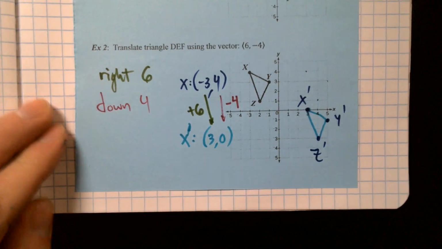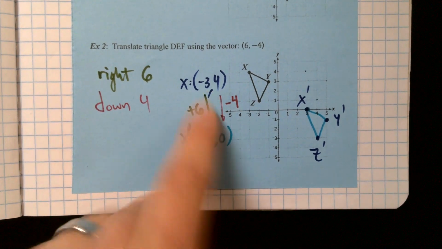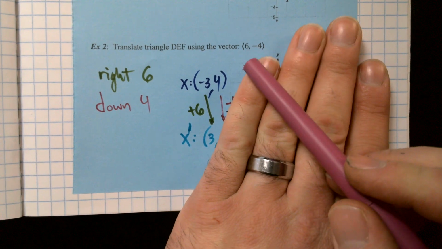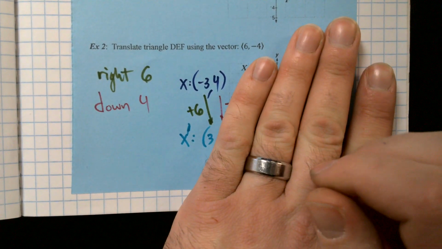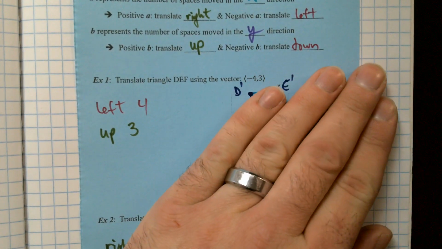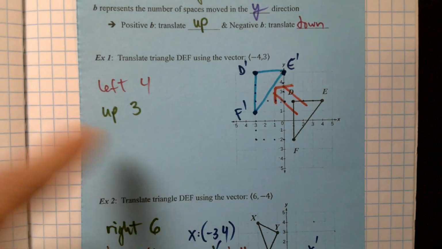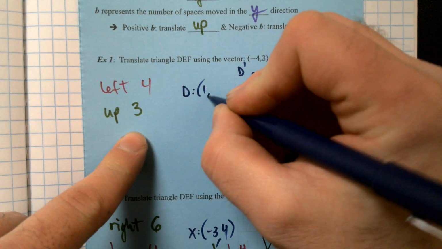Yeah. So if I'm just given a coordinate like -3, 4, I'm not given a graph, but I'm given a vector and asked to find the image, I just add 6 to the x, subtract 4 from the y. Does that make sense? Yeah. Over here, I just subtract 4 from the x, I just add 3 to the y. If I'm looking at point D, D is at 1, 2.